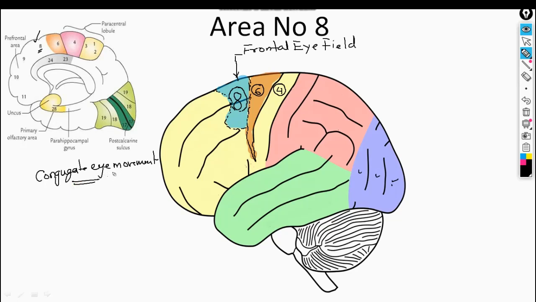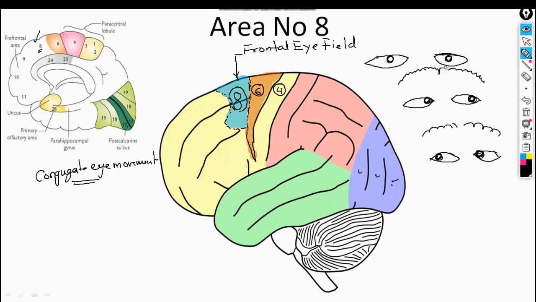Let me draw this. You can see here, this is normal, a straight vision. Clear? In this conjugate eye movement, say this is the frontal eye field, the cerebral cortex, and here is area number 8.